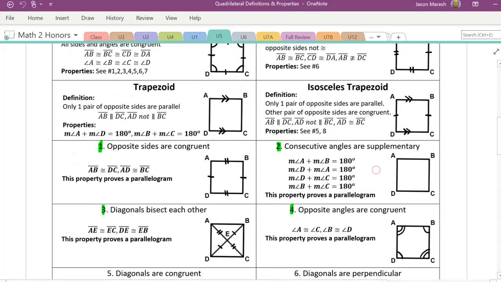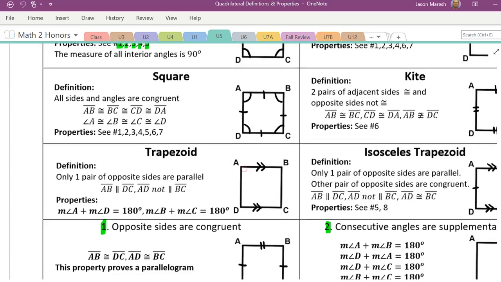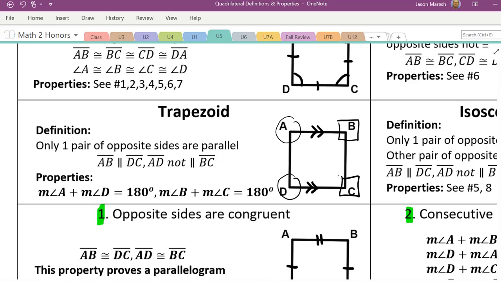First of all, in the definition of a trapezoid, that angle A right here and this angle D are going to be supplementary. They add up to 180. And also these two angles, B and C, add up to 180. Those are what we call same side interior angles.